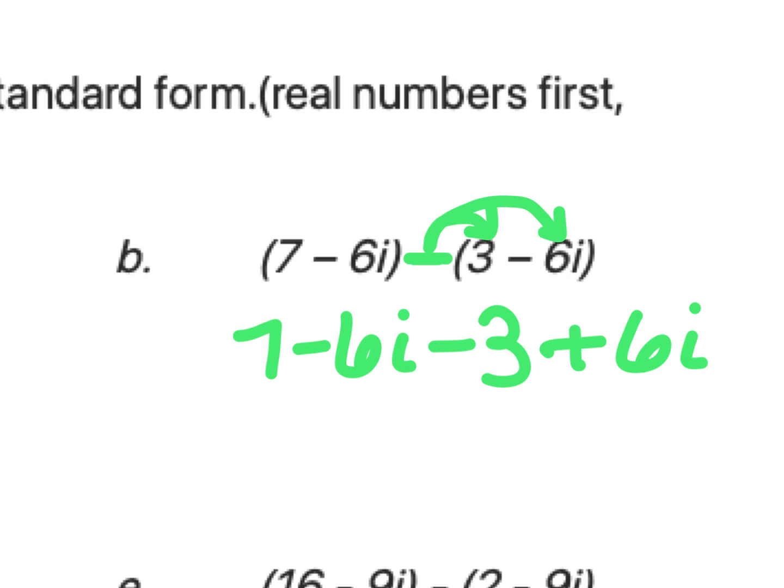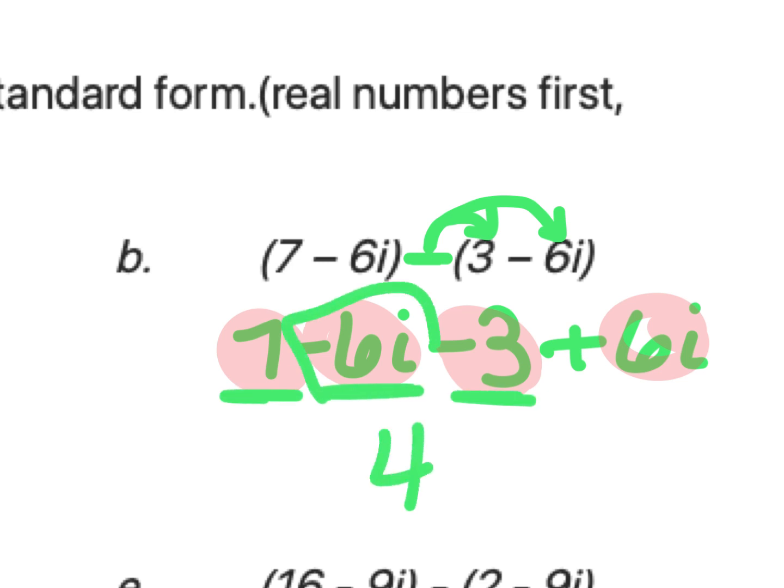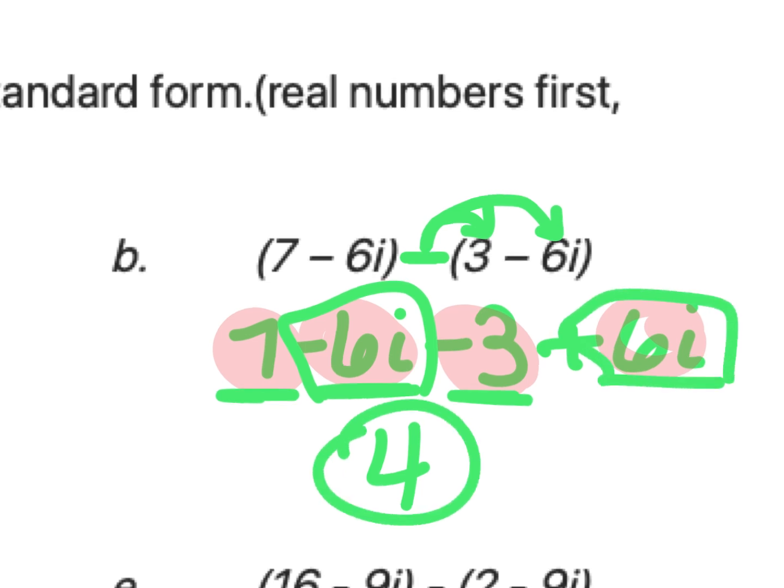And then when we put our like terms together, our real is 7 and negative 3. And our imaginary is negative 6i and positive 6i, which means our reals, we would have 4, and then negative 6i and positive 6i would cancel. So all we're left with is just 4.